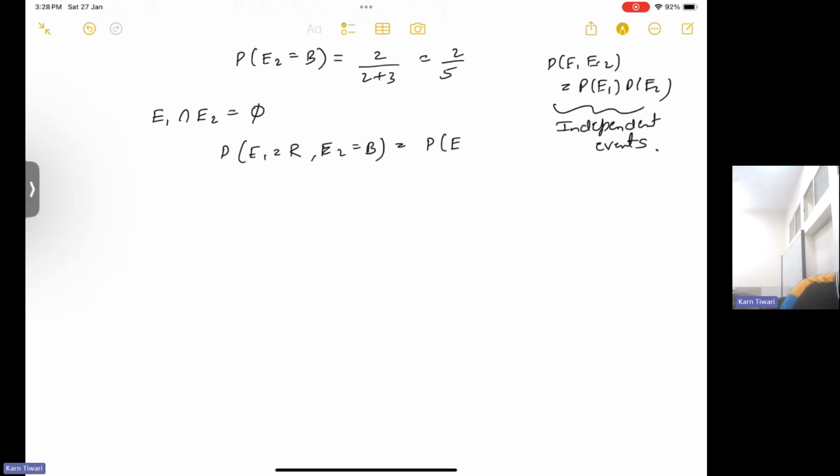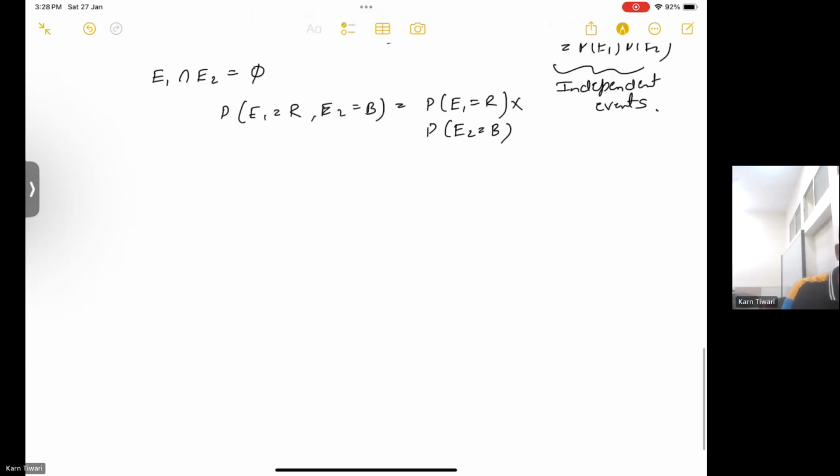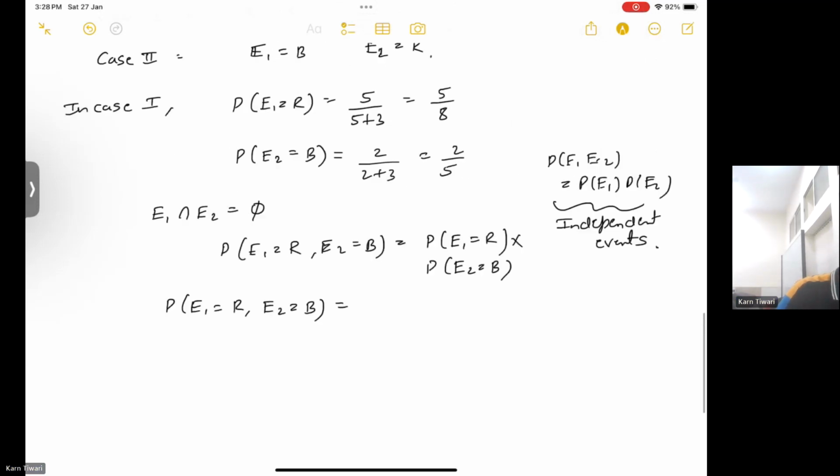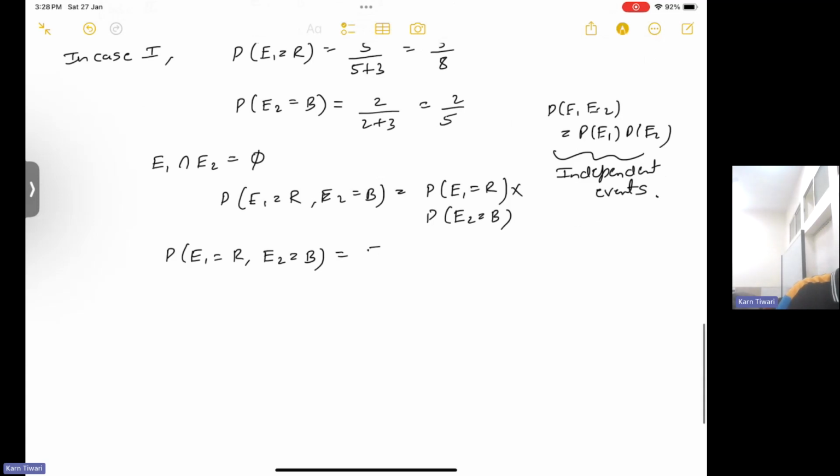So it is just probability of E1 equal to red multiplied by probability of E2 equal to blue. So in the first case, probability of E1 equal to red and E2 equal to blue is 5 by 8 multiplied by 2 by 5. 5 twos are 10, 8 fives are 40.